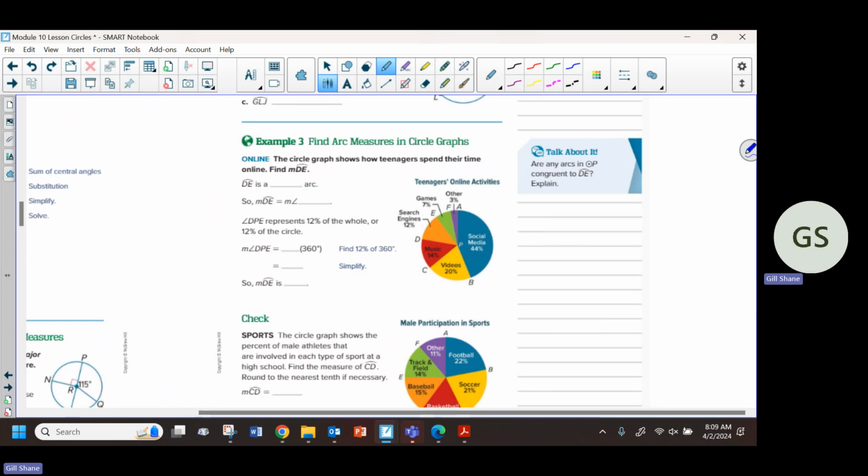All right, so with that in mind, they want to know what is the percentage of the circle, the percentage of the arc? So what is the arc in degrees? There's no length associated with a pie chart.